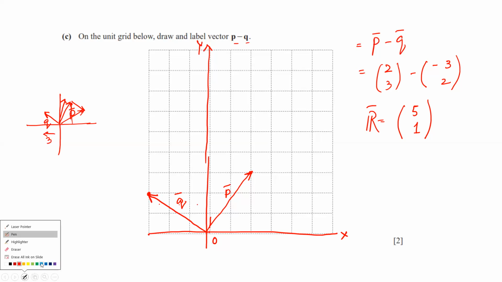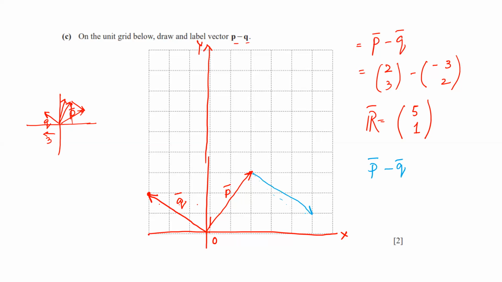Let me change the color to blue. So p minus q: head to tail, we draw minus q, 1 2, 1 2 3 4 and 5. So for p minus q, this is the minus q vector, and this is the resultant.